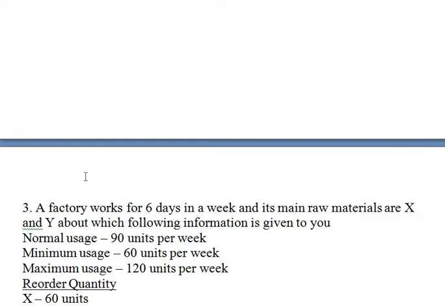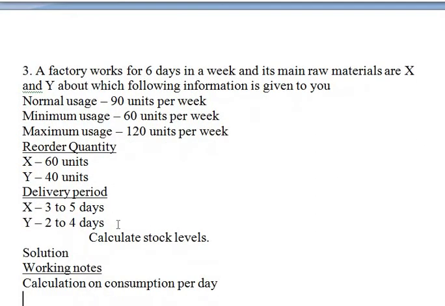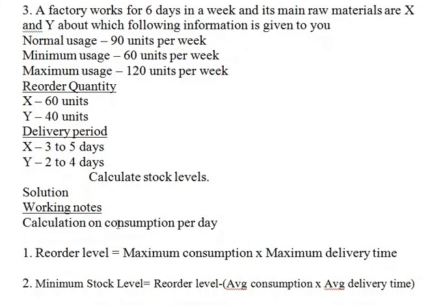Now another problem. I'll read out the problem first. A factory works for 6 days in a week and its main raw materials are X and Y, about which the following information is given to you.